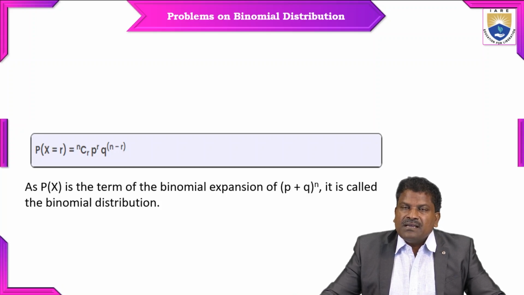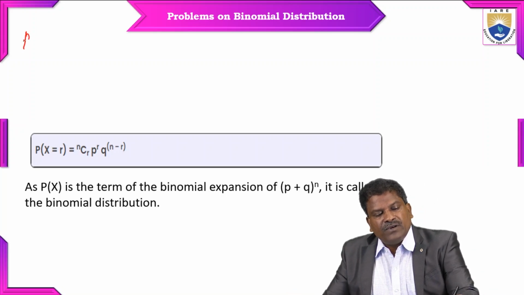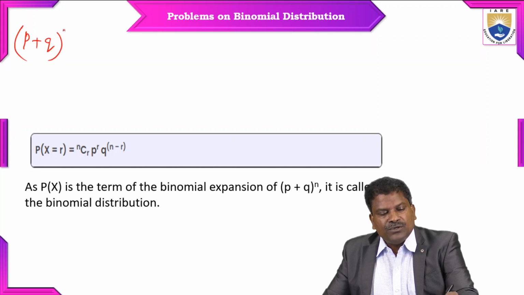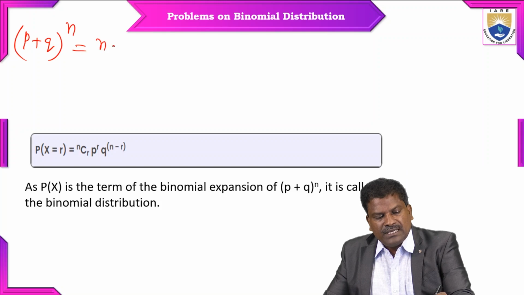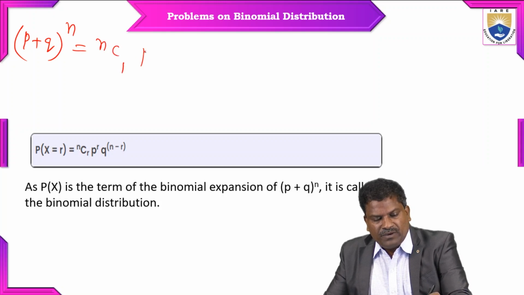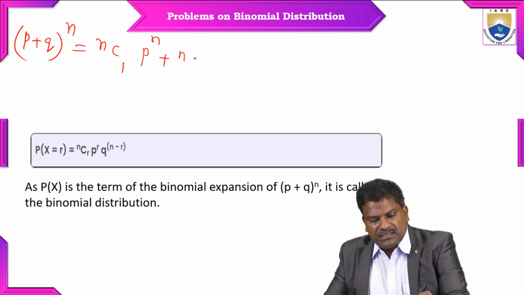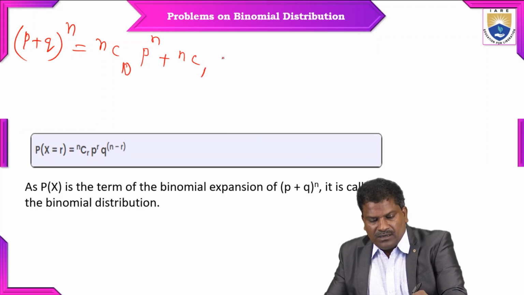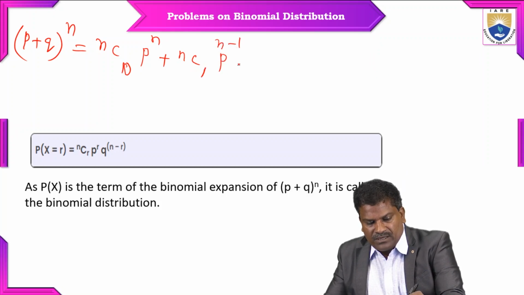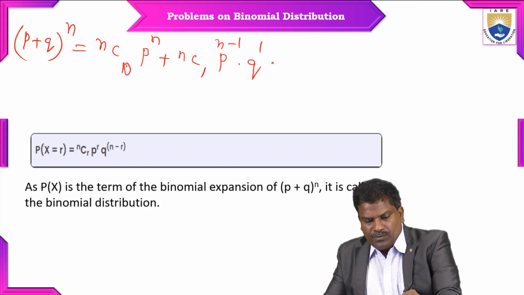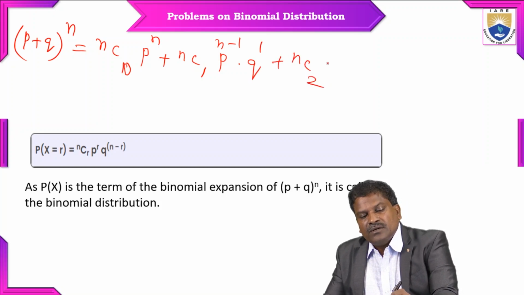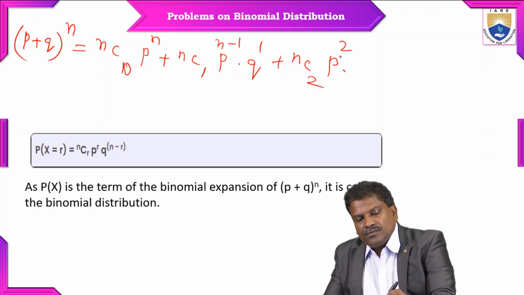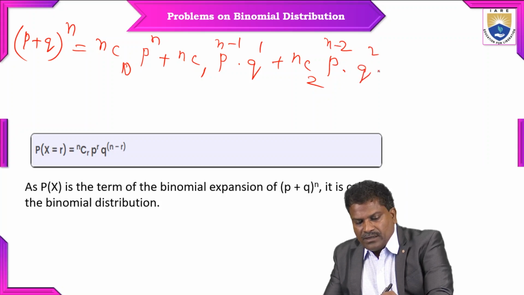As we have discussed for the formula of (P plus Q) to the power n, (P plus Q) to the power n is equal to NC0 P to the power n plus NC1 P power n minus 1 into Q to the power 1 plus NC2 P to the power n minus 2 into Q square plus etc.